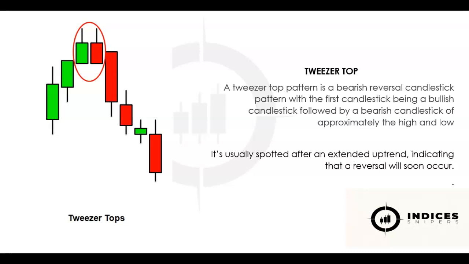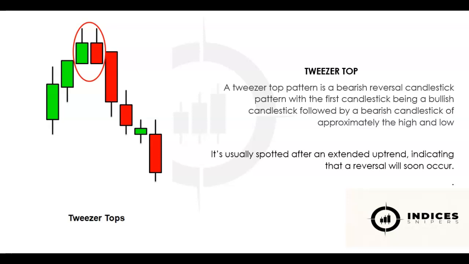It's usually formed with two candlesticks, and the first candlestick is going to tally with the direction of the trend. So if we're having an uptrend, the first one is going to be a bullish candlestick, and the second one is going to be a bearish candlestick, indicating that price is about to reverse. Now note that the highs and the lows of the two candlesticks must be approximately equal.